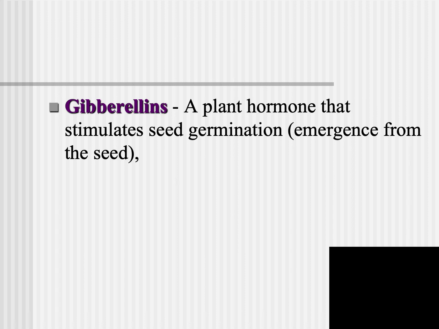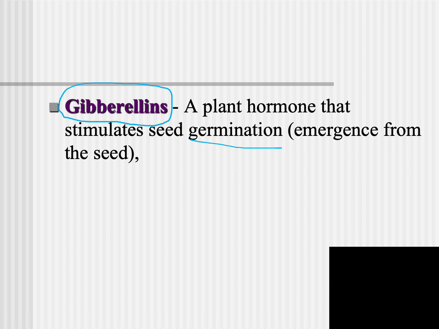Gibberellins, they stimulate seed germination. Remember, we're doing a lab in which we are utilizing gibberellins on our pea plants. So one of the pieces of data that we're going to be looking at is how many seeds germinate. We have some dwarf pea plants that do not produce gibberellins naturally, and so they're not going to have as easy of a time germinating.